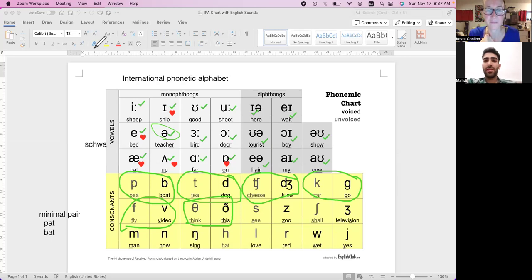So it starts at the beginning of the word, or the syllable, with your tongue out, and then you bring it back in to make the vowel sound. Think, thought, three.